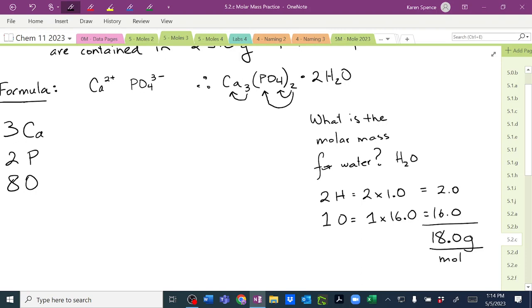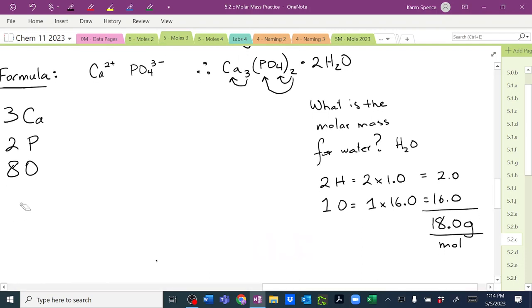Now, it's really handy just to know the molar mass of water so that when you have a hydrate, you can just, instead of putting down, now I have 4 hydrogens and I have 2 oxygens, you could just write down instead that you have 2 waters. Yes? So that's optional, it's up to you.